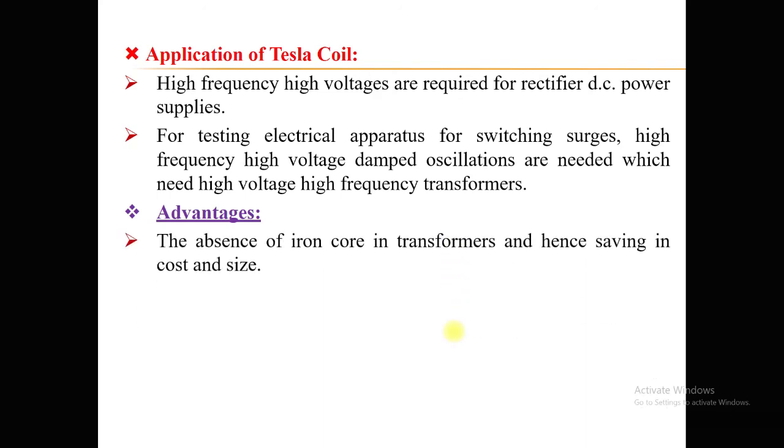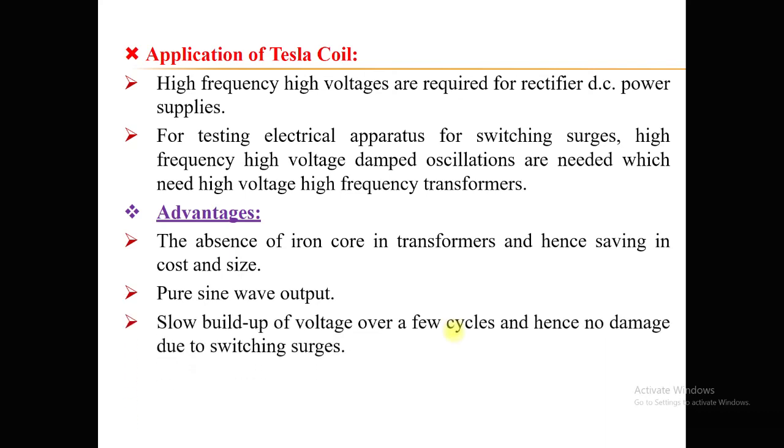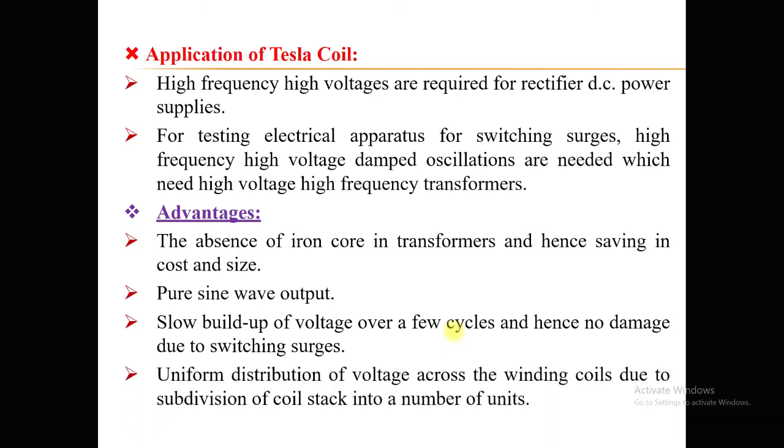Advantages of the Tesla transformer: the absence of an iron core in the transformer, hence there is a saving in cost and size. It gives us a pure sine wave output, with slow buildup of the voltage over a few cycles, so no damage occurs due to switching surges. There is uniform distribution of the voltage across the winding coils due to subdivision of the coils into a stack of a number of units.